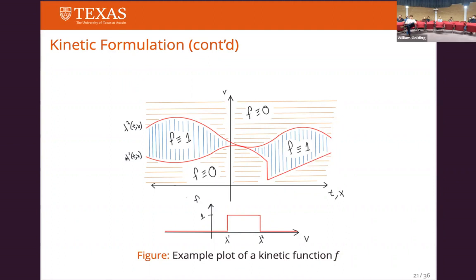Two curves can meet at any point, and so this would be a problem that you don't have in the scalar case. And if you cut along the velocity direction, you just have a characteristic function. So these are really simple functions in this case.